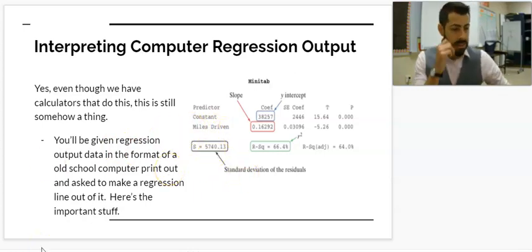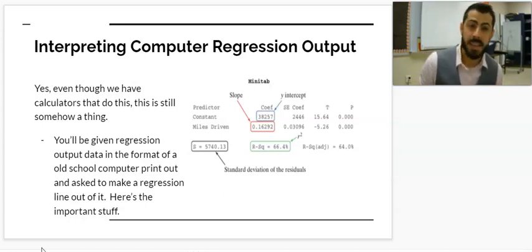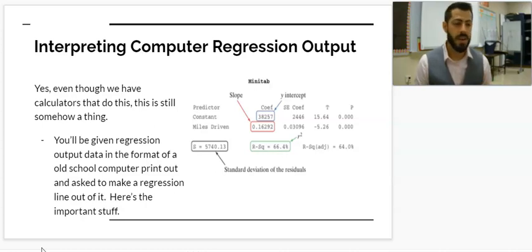For the equation, it says interpret the R squared value. About 66.4% of the variation in price can be accounted for by miles driven. That would be how you answer that. Done and done. So a lot of questions can be answered from this data if you know how to read it.